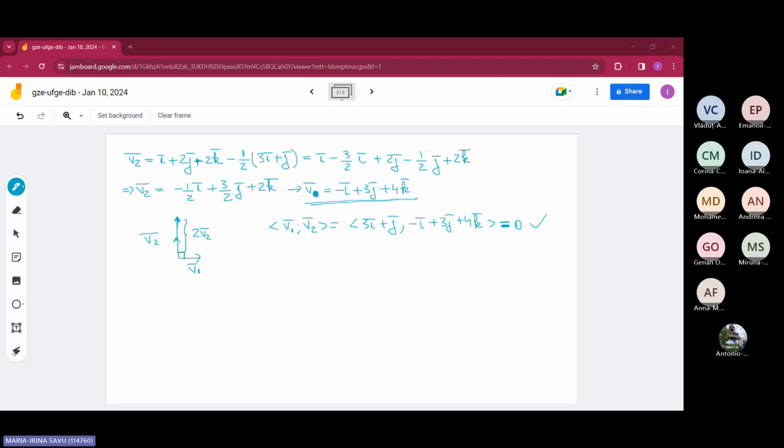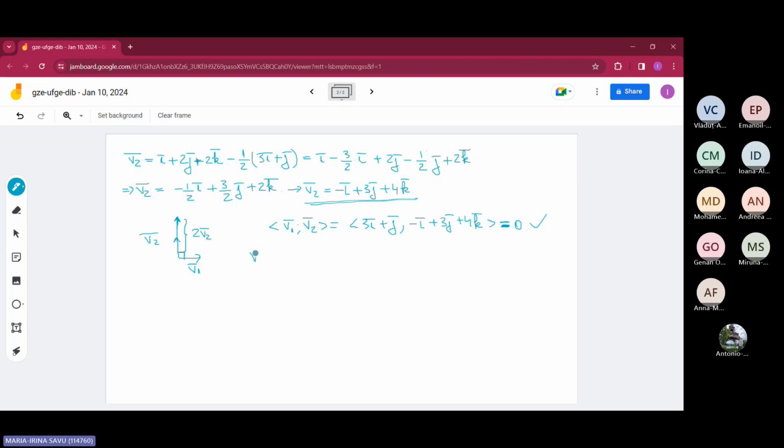So you have found V2, compute the dot product between V1 and V2, because if this dot product is not 0, it means that your computations are wrong and you must compute V2 again. If you continue to work with a vector which is not correct, then the computation won't be correct. So if you make a mistake, you will be able to check if your vector is correct here. If not, you have to come back and check the computations.